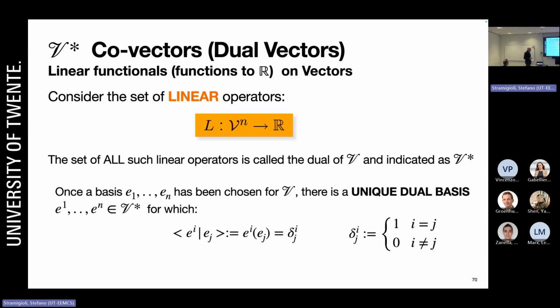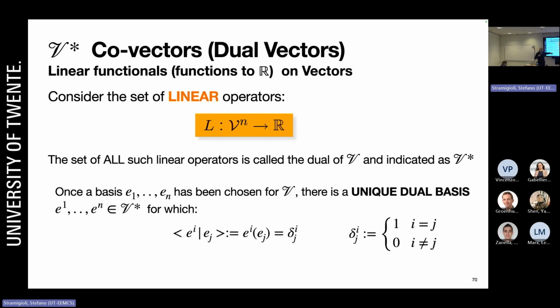Notice that if I have an n-dimensional vector space, by the previous definitions, it means I can choose n linearly independent vectors that can generate the whole vector space. Now, if you take these n elements and you choose them in V, then you can uniquely define other n vectors, but in the dual basis.